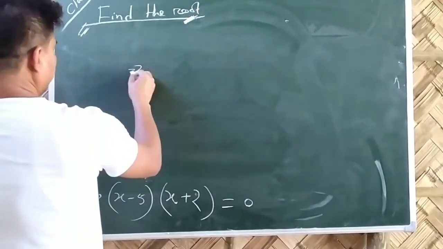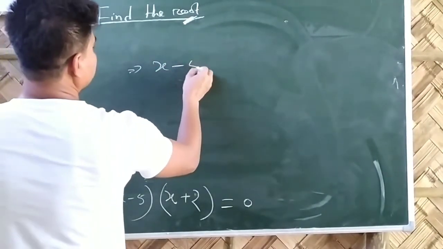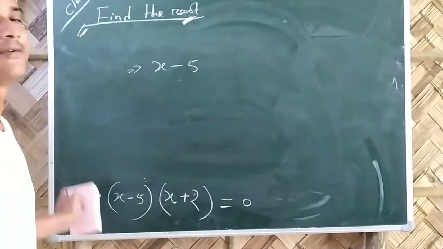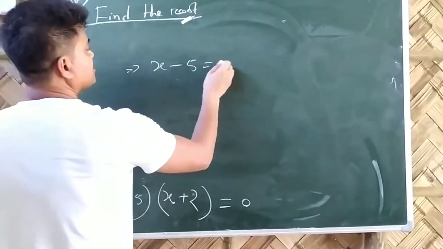Now, simple. If x minus 5 equals 0, then x is equal to plus 5.